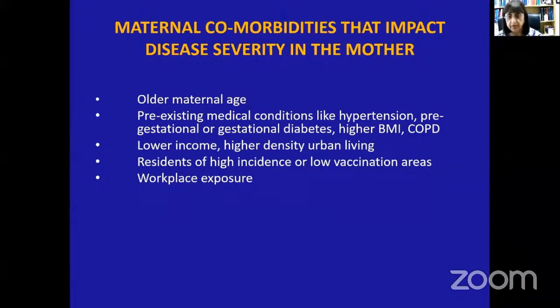Now, there are maternal comorbidities that impact disease severity in mother, just as it does in other people who get COVID infection: an older maternal age, pre-existing medical conditions like hypertension, pre-gestational or gestational diabetes, higher BMI, COPD, lower income, higher density, particularly if it's urban living, residents who have a high incidence in terms of families or neighborhoods, or live in areas that have low vaccination rates.